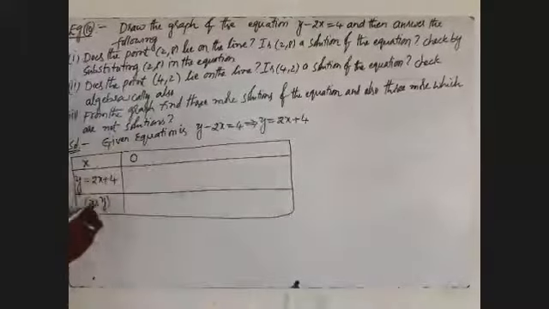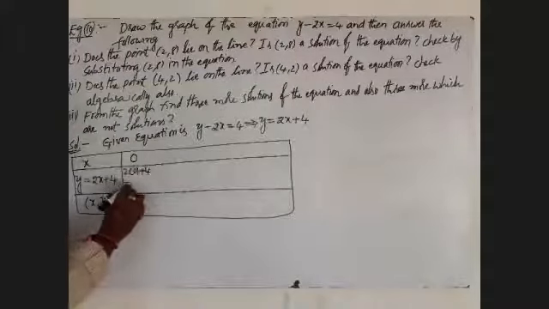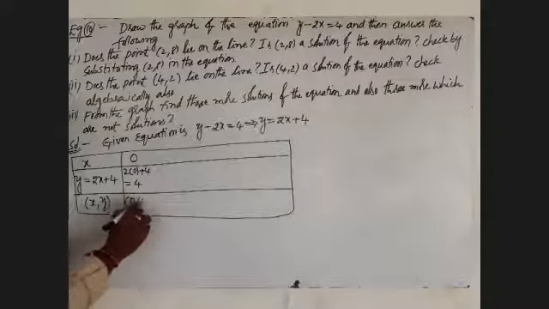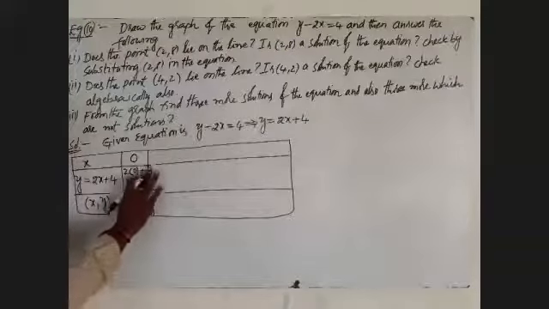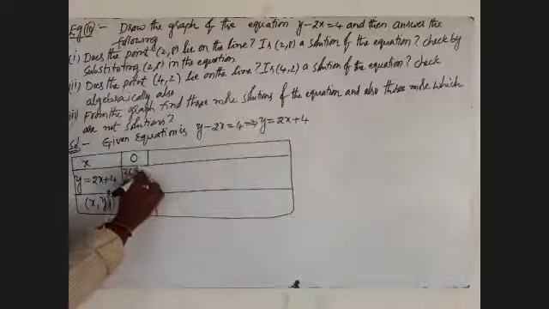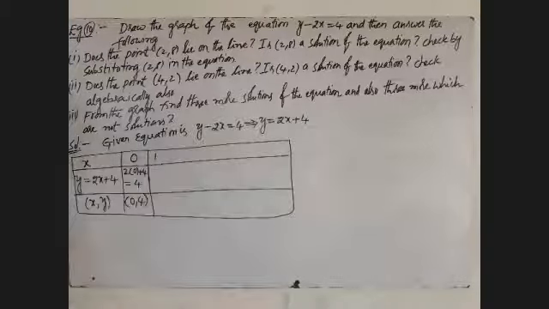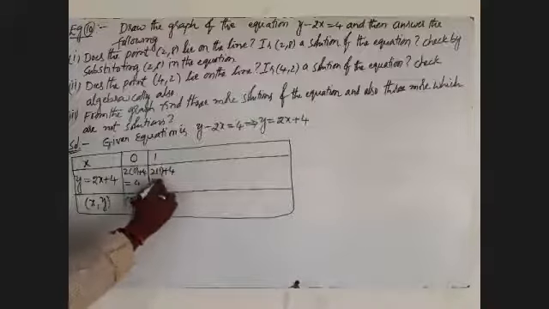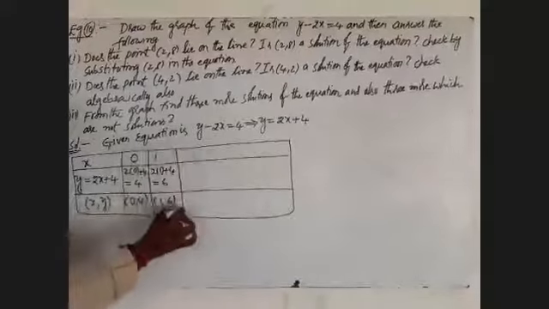Here we will observe y: we have to write 2 into 0 plus 4, that is the value 4. Finally we have to write (0, 4). After that we'll take the point x is equal to 1: 2 into 1 plus 4, that is 6. I have to write (1, 6).